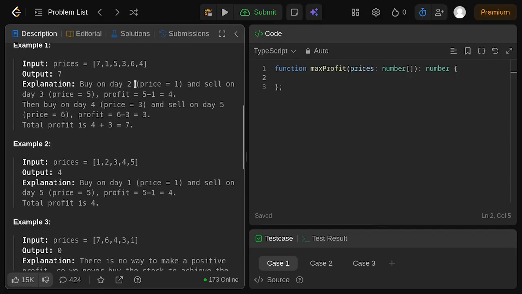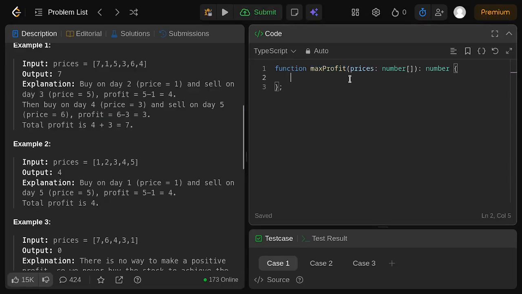So we buy on day 2 and have a profit of 4, and then we buy on day 3 and sell on day 4, so we get a profit of 3. In total we get 7 as our max profit.